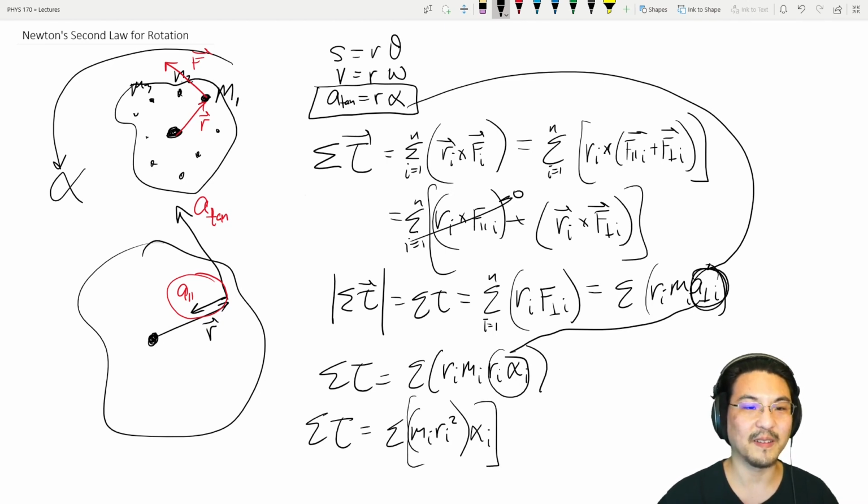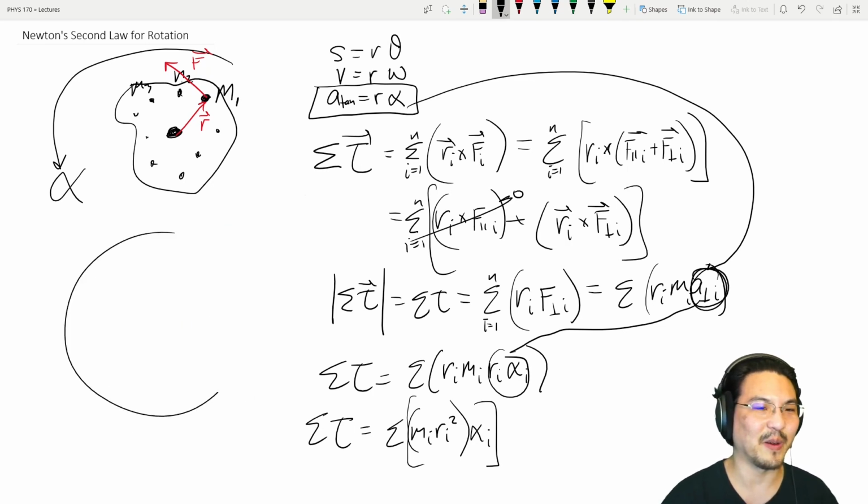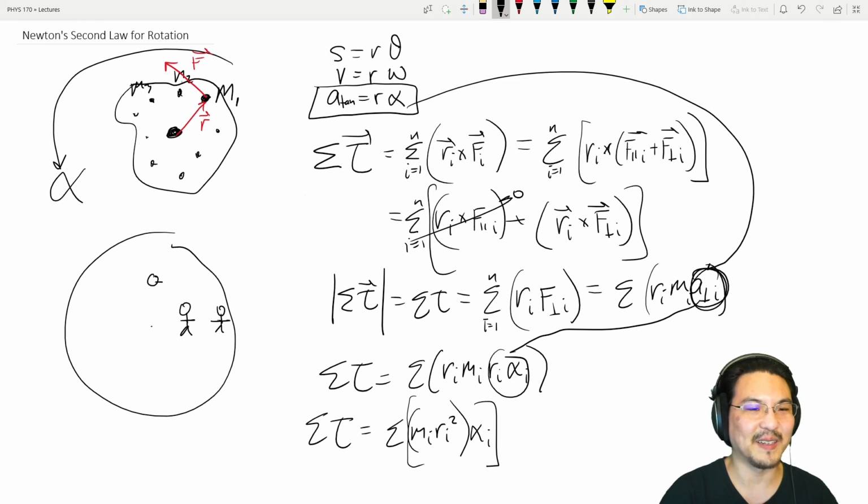Okay, but imagine you have, we had this discussion before, like a merry-go-round, and then two people lying down on the merry-go-round, let's say. And then it rotates 90 degrees, like this. So who goes farther? This person goes farther, or a longer arc length than this person.